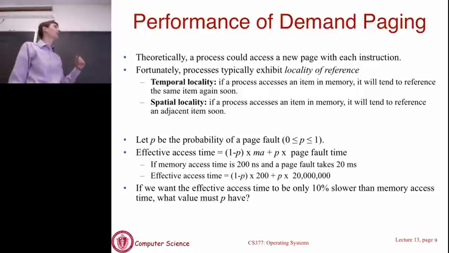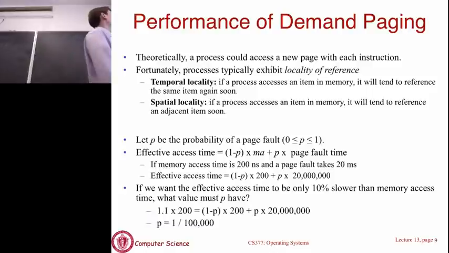We can calculate this directly. If we want the effective access time to be 10% slower than a direct memory access, then we can say 1.1 times the regular memory access time is equal to this expression, which is in terms of the page fault rate that we just defined.